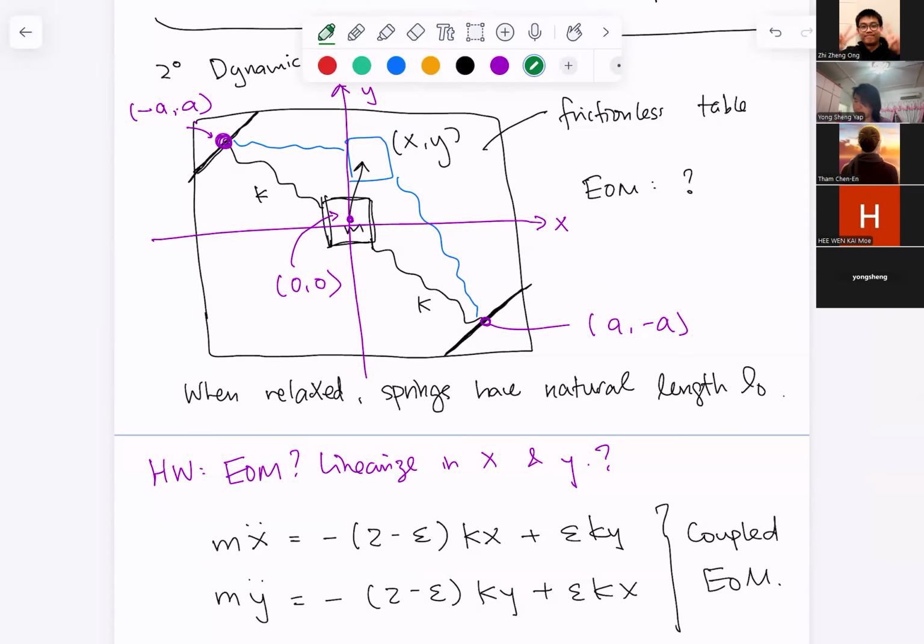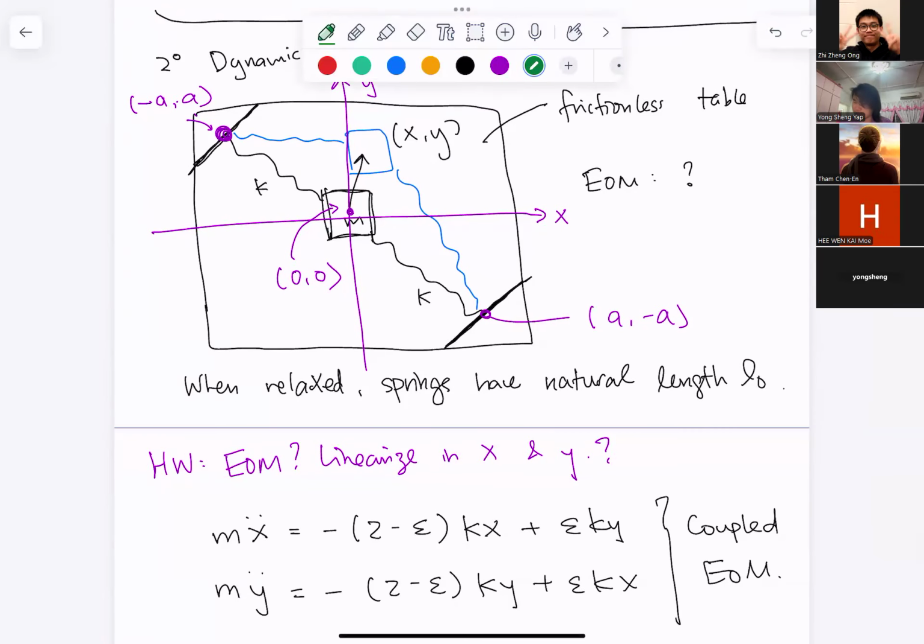For example, if we displace the block in the x direction, it will also oscillate in the y direction. And if I displace it in the y direction, it will also move in the x direction, because any displacement in x and y will source y and x motion. So the question was why do we end up with these very nasty coupled equations of motion?